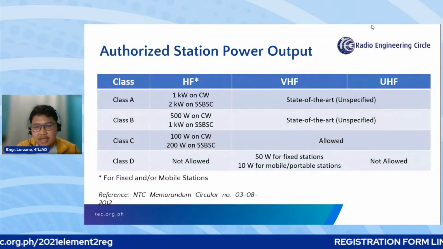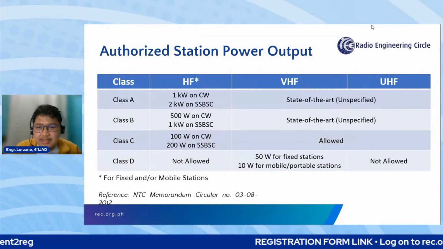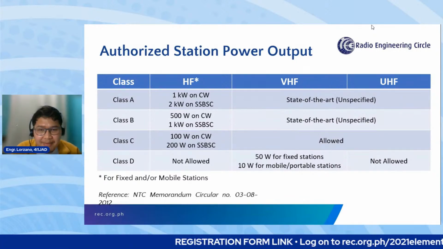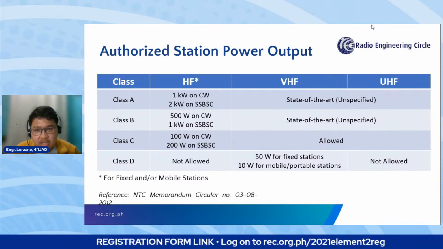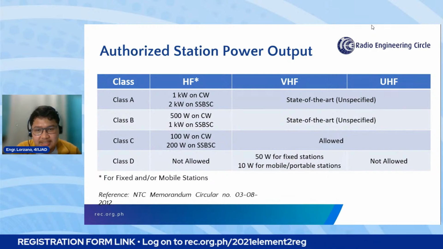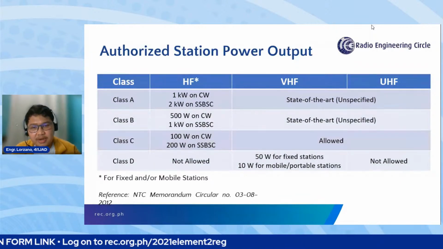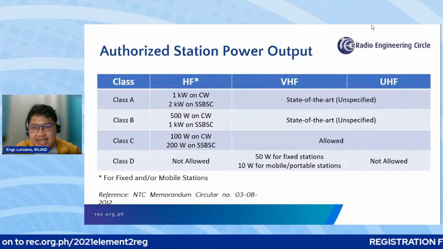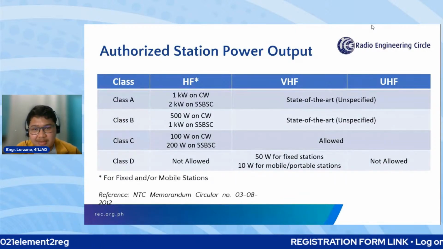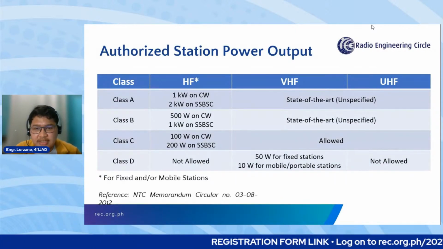Okay? Suppressed carrier. Sa Class B naman, 500 watts on CW, 1 kilowatt on SSB-SC or single sideband suppressed carrier. Class A naman is 1 kilowatt on CW, 2 kilowatts on SSB-SC.